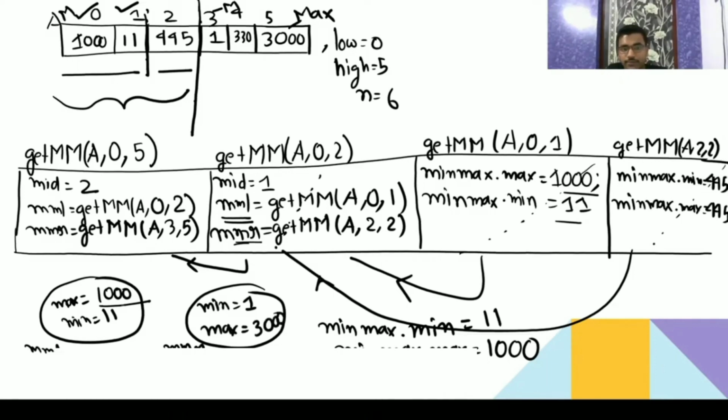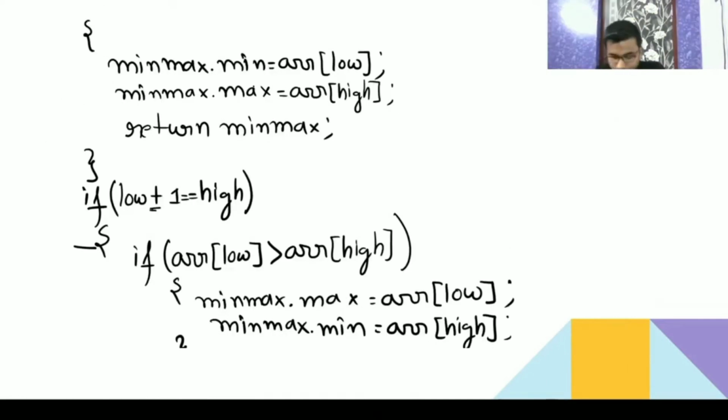Now we will compare between these two, and this is going to be the final maximum and minimum. Understood? So we are dividing the bigger problem in halves, then again half, then again half, and then finding the min max in the half. Then within the two halves, we are comparing which is the actual min and which is the actual max. Am I clear? Please let me know.